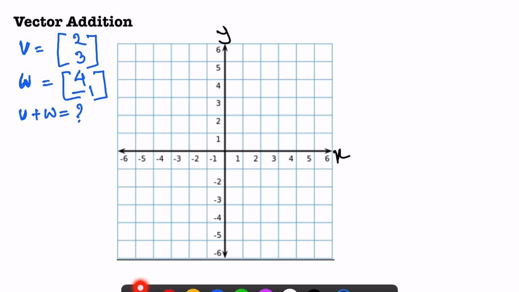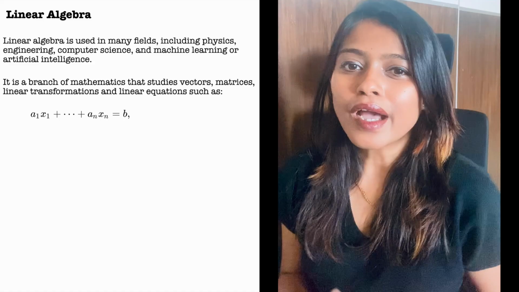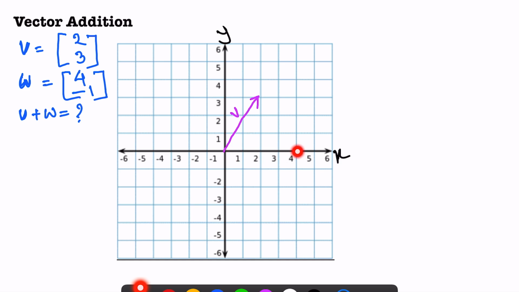V is 2, 3 means 2 steps in positive x direction, then 3 steps in the positive y direction. So this is V. W is 4 steps in positive x direction and 1 step in negative y direction. So this is W. Now we want to add these two vectors.